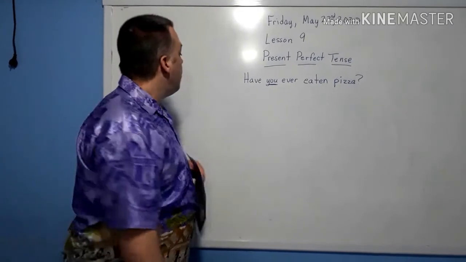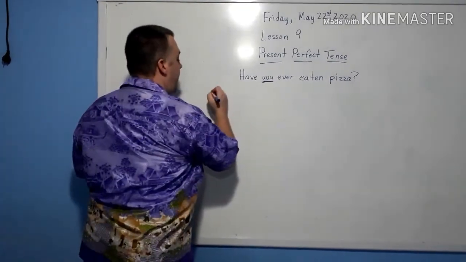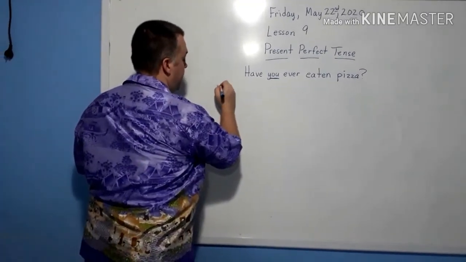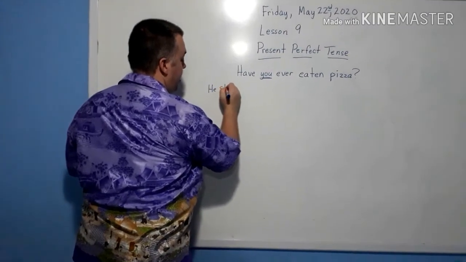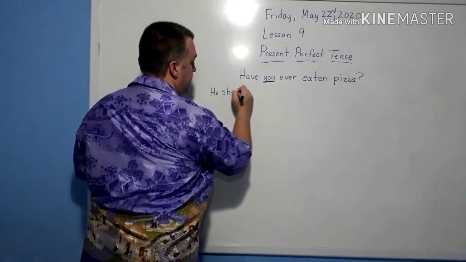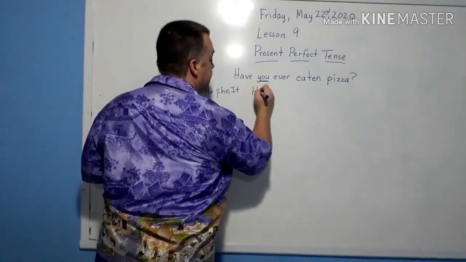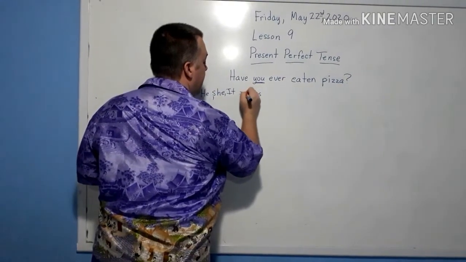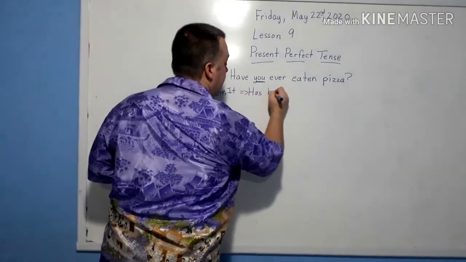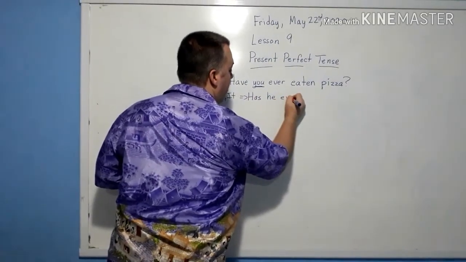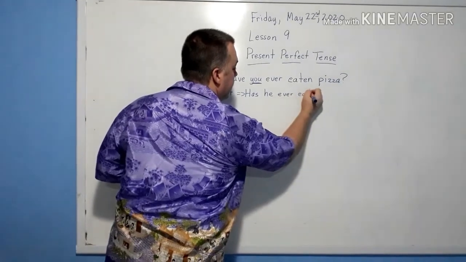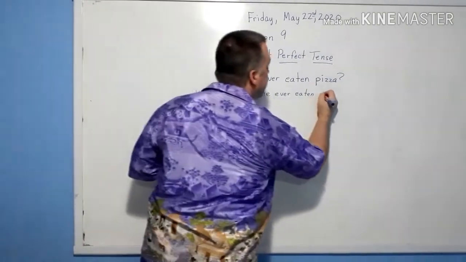So with he, she, it, we use has. We would say, has he ever eaten pizza?